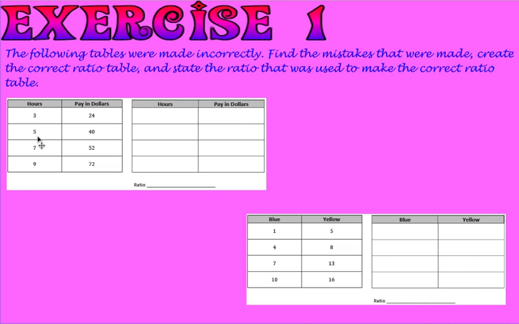But in here somewhere, there are ratios, or maybe a ratio that is a mistake. You need to find that original ratio, write it down here, and then create a table that would be correct using that correct ratio. Now, just because this is the first one doesn't mean that it's necessarily correct.